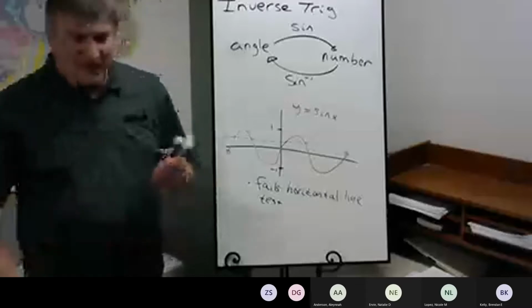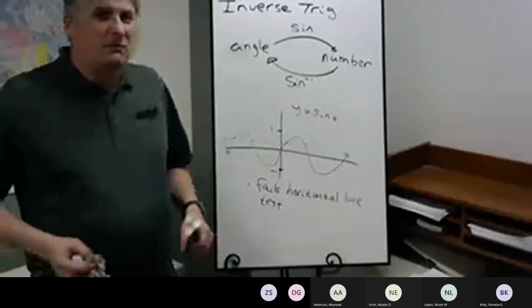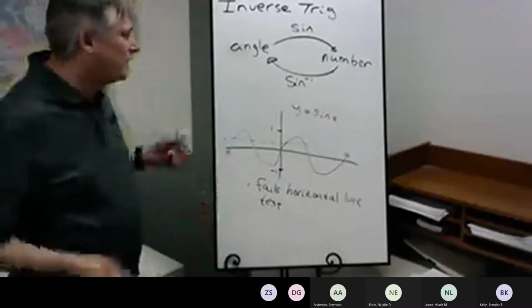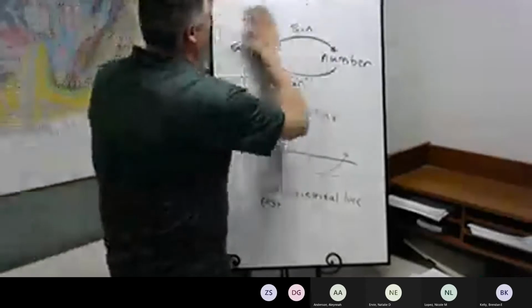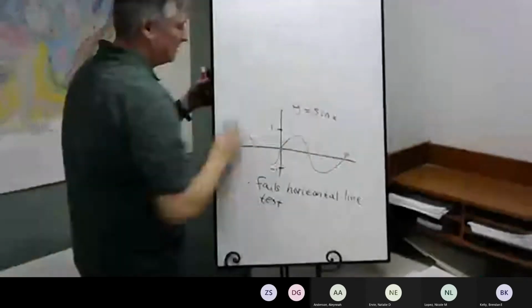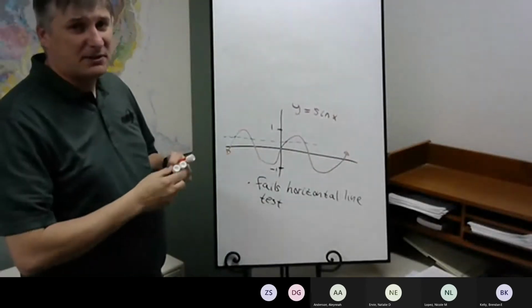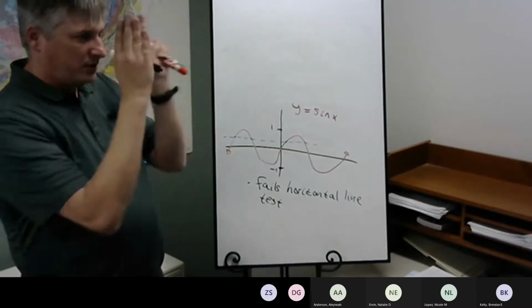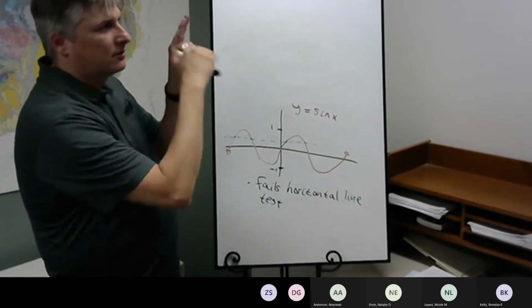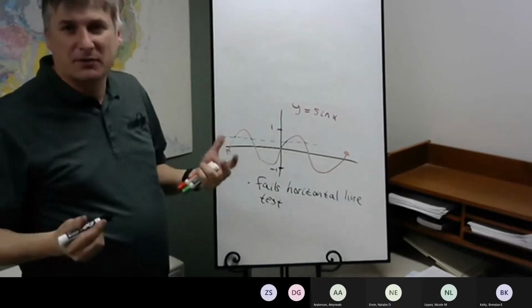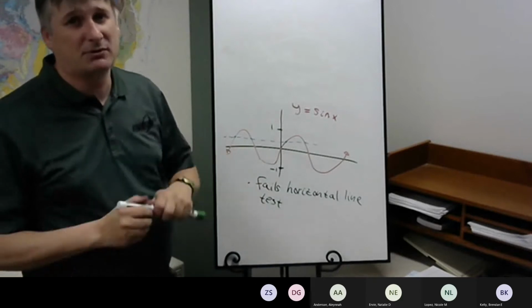Well, we're very keen. We really like having inverse trigonometric functions. So we're going to do something. We're going to limit the sine function to an interval of the x-axis where that part of the sine function passes the horizontal line test.